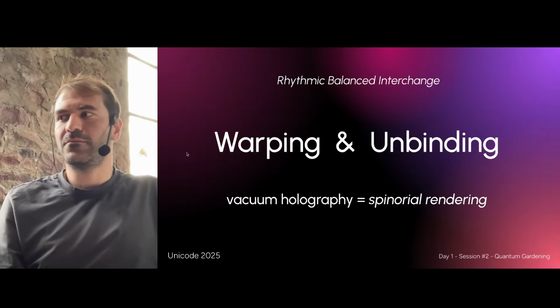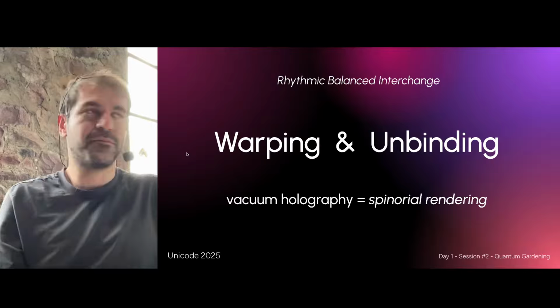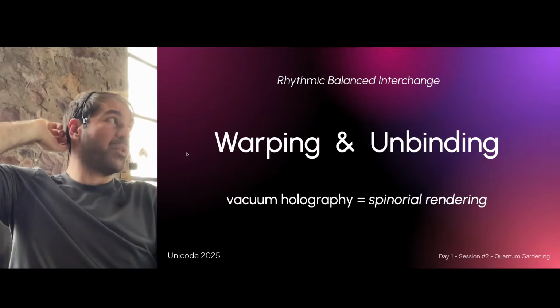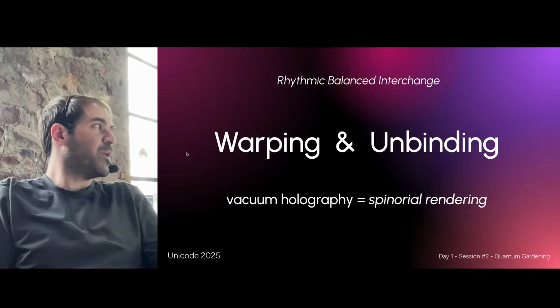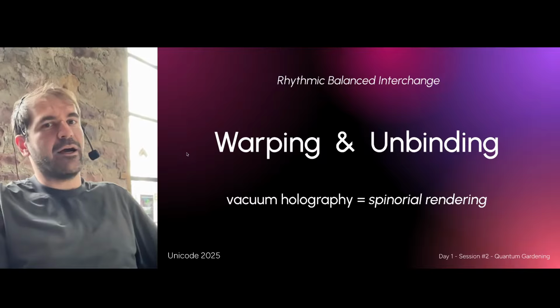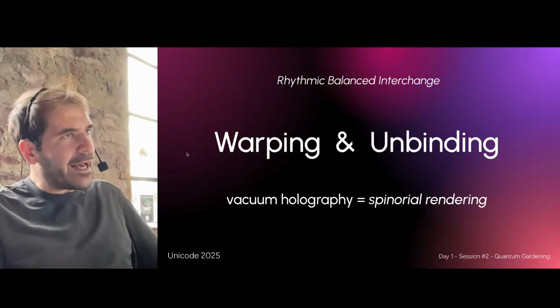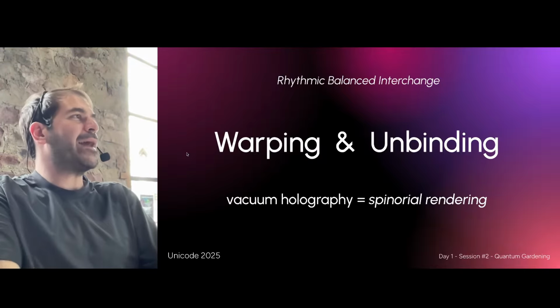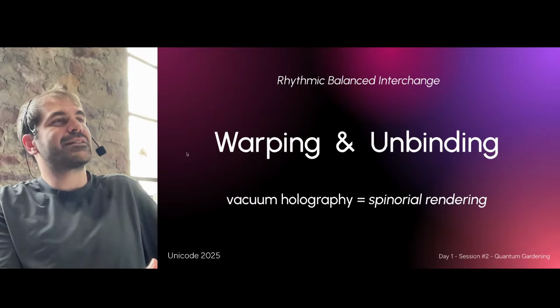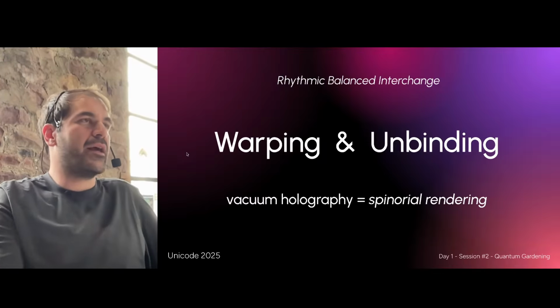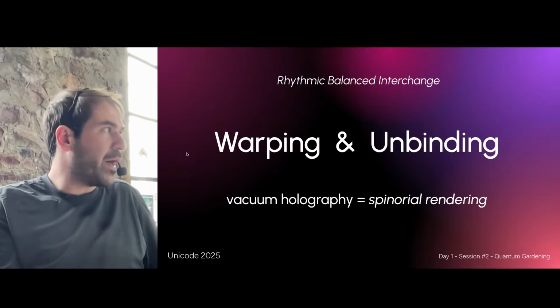So this beautifully plays on one of our dear beloveds, Walter Russell. Rhythmic balanced interchange. You have a warping and a binding and an unbinding. A warping as a binding, and then an unbinding as a dispersion back into infinite potential that's constantly happening in an interchange, or in a spinorial way.